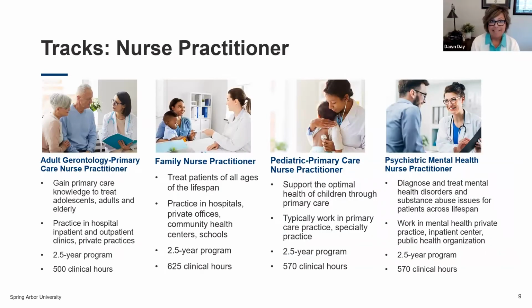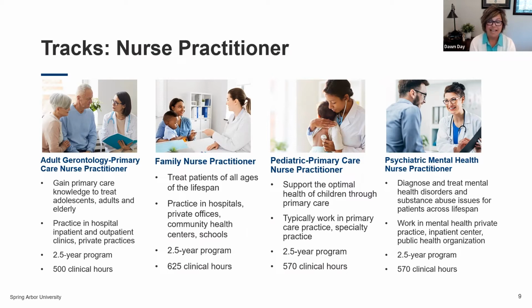Well, we're really happy to offer 6 different tracks within this MSN program. So we have 4 nurse practitioner tracks, including the adult gerontology primary care nurse practitioner, family nurse practitioner, and our newest additions this year, actually, the pediatric primary care nurse practitioner track and the psychiatric mental health nurse practitioner track.